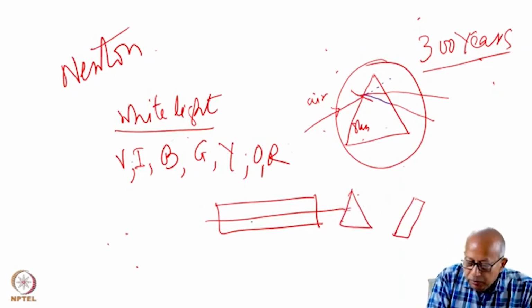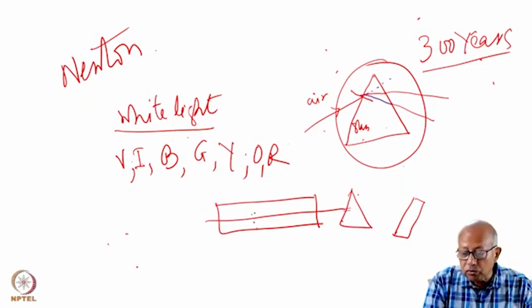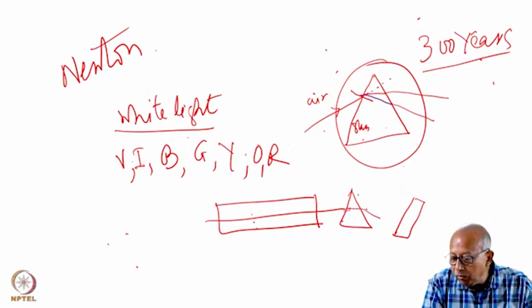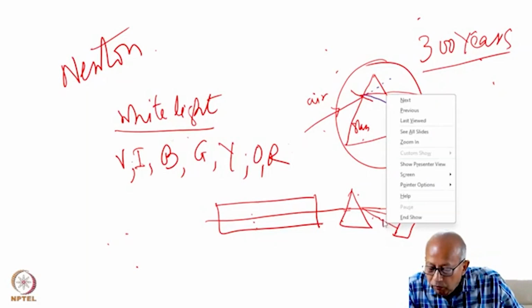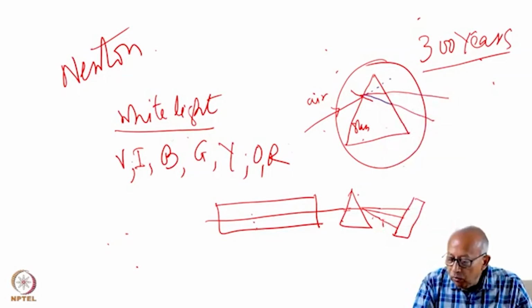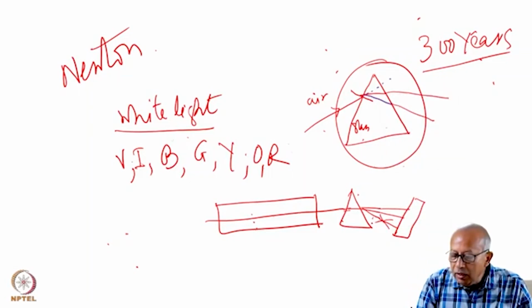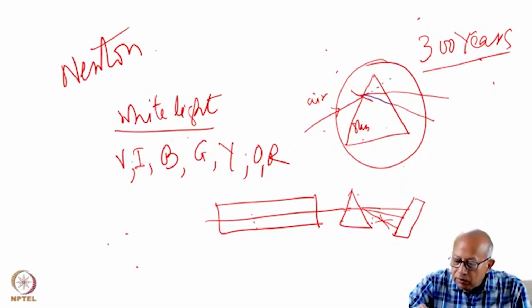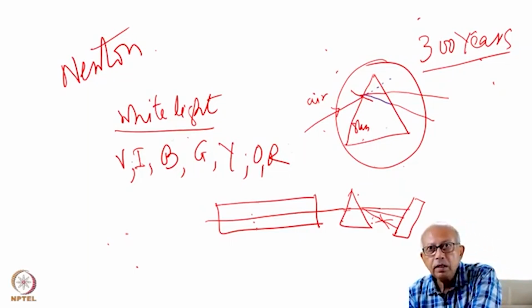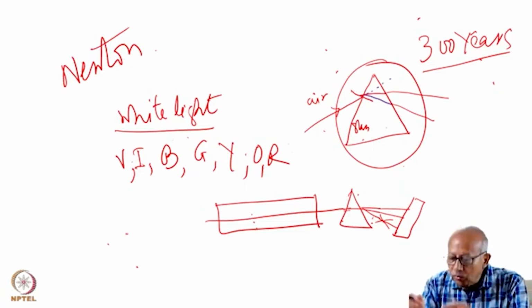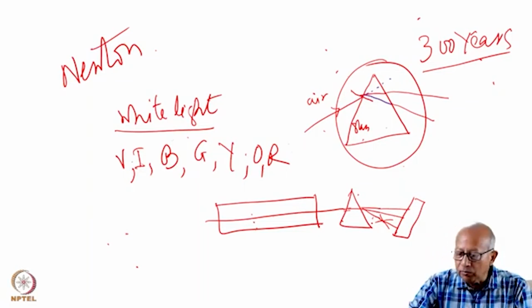If this has multiple colors, that means many modes, this prism will split the modes depending on their color. So different modes will shine on the mirror at different angles. Only one at a time will fall normally. Therefore, this alone will be able to oscillate back and forth inside the cavity and thus lase. By tuning either the prism or this mirror, you can choose different modes. So this helps you to get a single mode laser and also allows you to tune the wavelength of the laser.